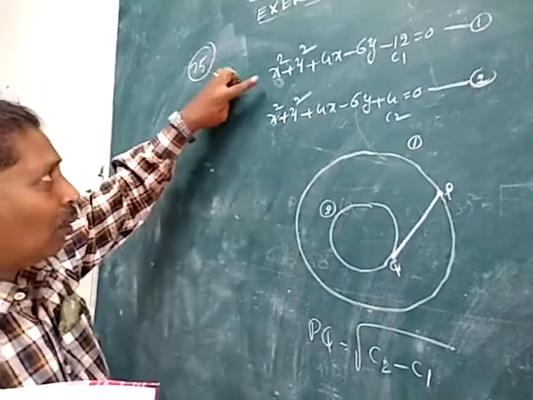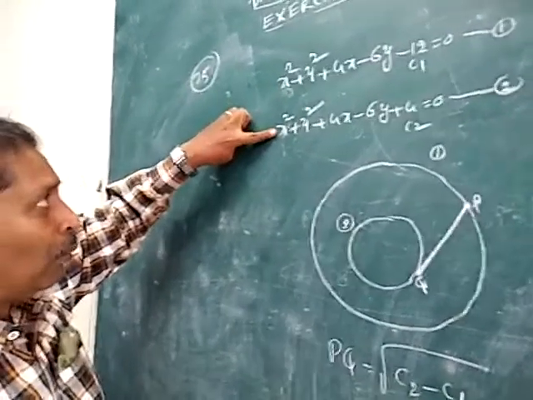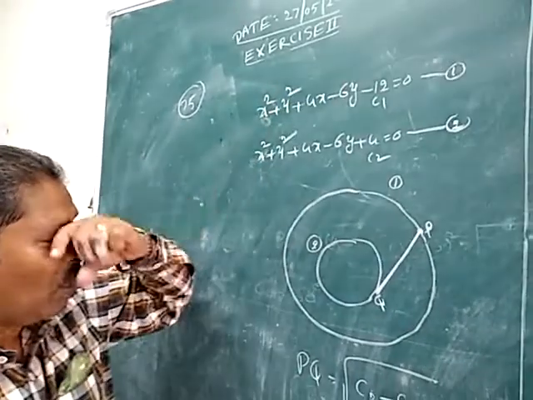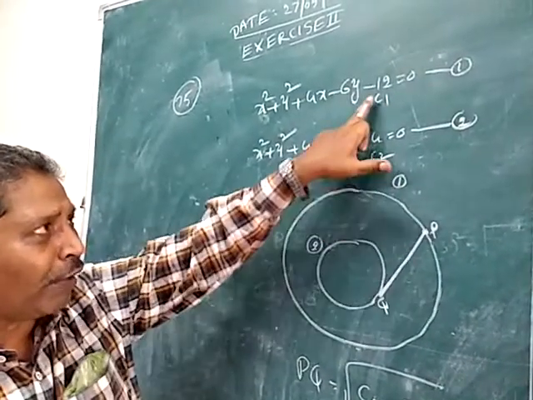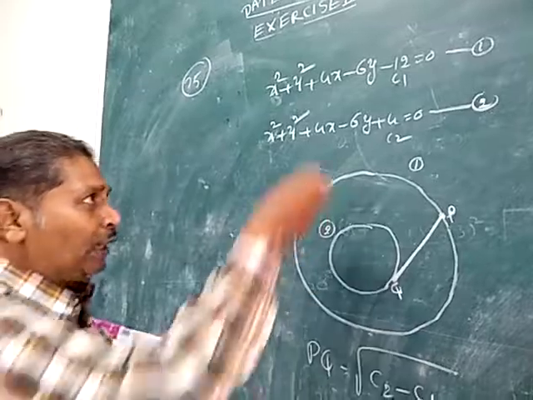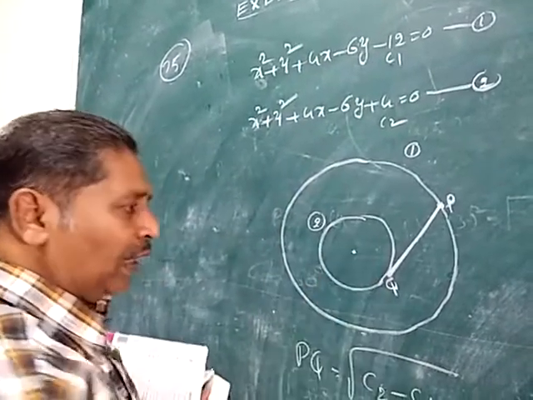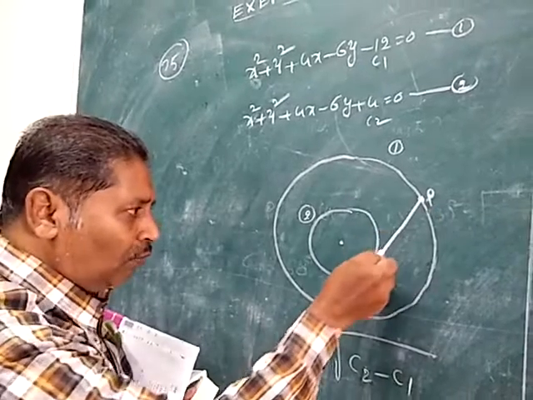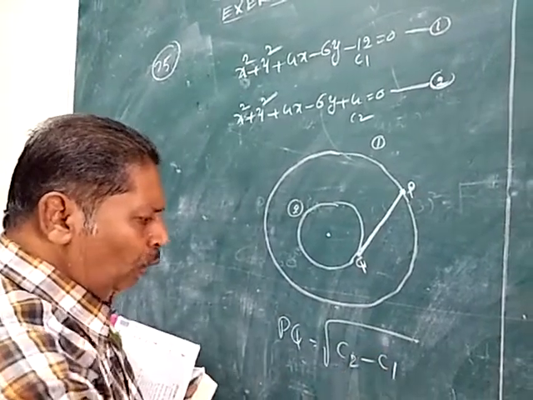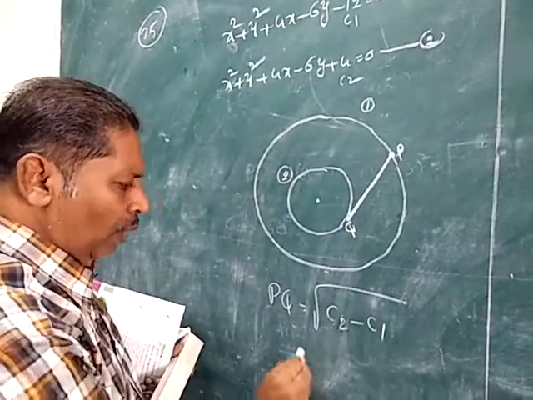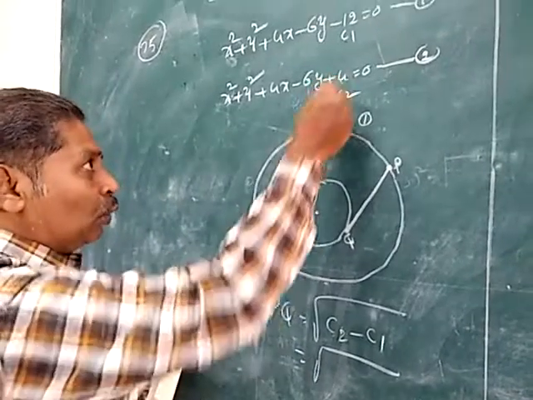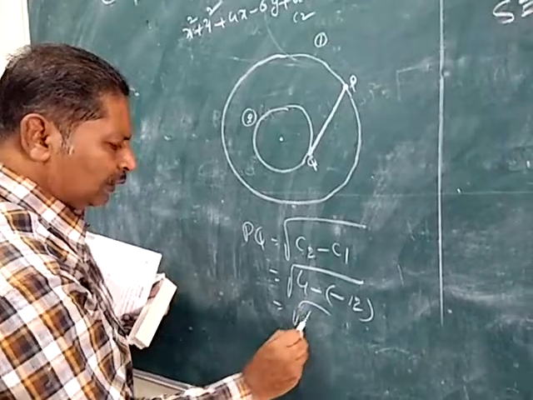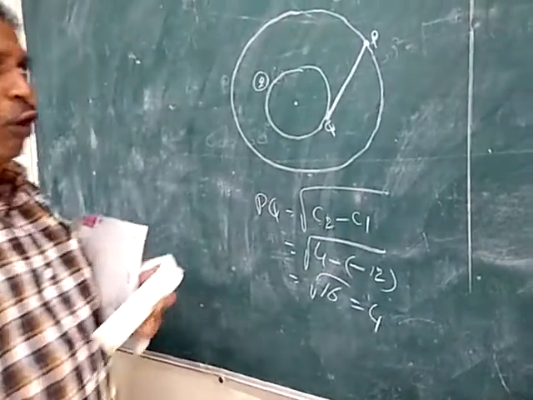Observe equation number 1 and equation number 2, x square plus y square plus 4x minus 6y: only the constants are different. That means these two circles are concentric circles. When two circles are concentric, the length of the tangent is under root C2 minus C1, which equals under root 16, C2 value 4 minus 12, equal to 4.